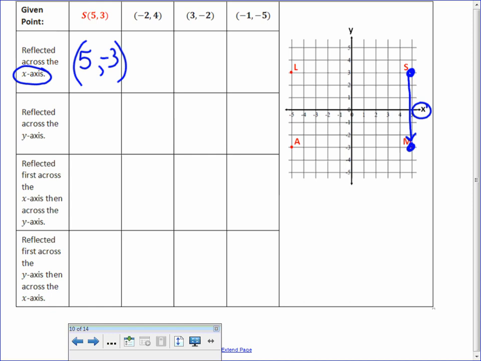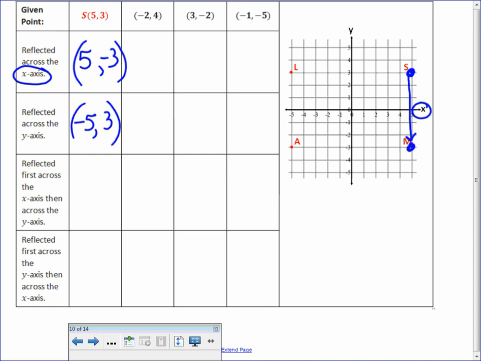Suppose I took that original point and reflected it over the y-axis. If I'm reflecting it over the y-axis, does my x-coordinate stay the same, or does my x-coordinate become the opposite? Opposite. So I have -5, and my y-coordinate stays the same.